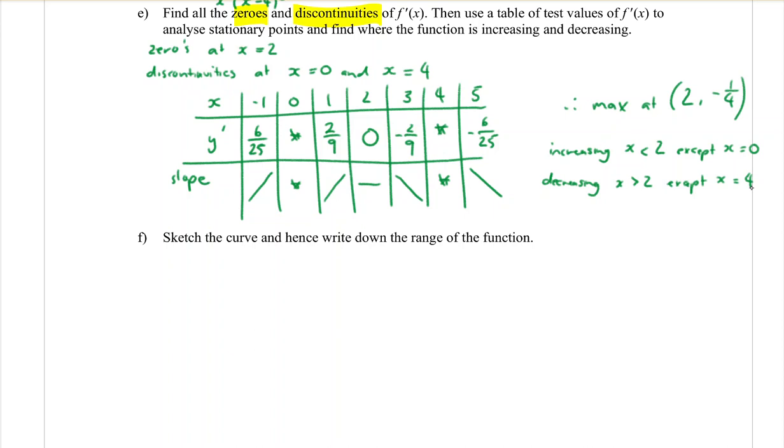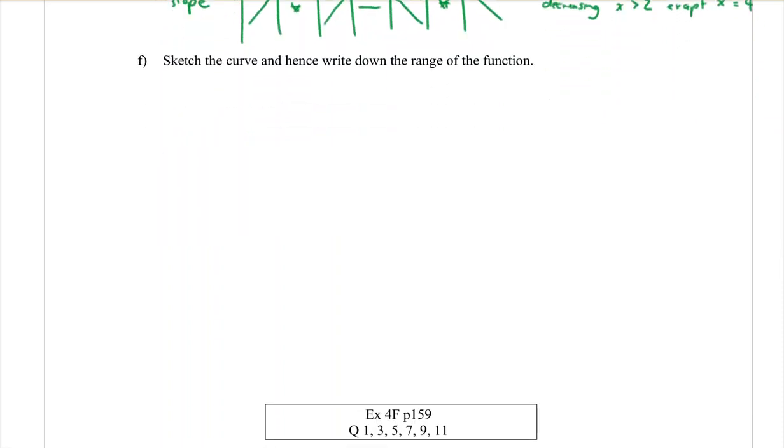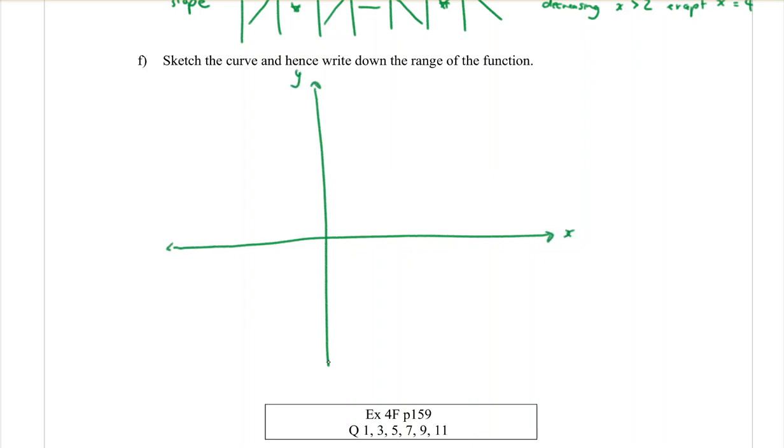Okay, so if we go through all of the things that we've worked out along the process here, we should get a really nice sketch for part F. Sketch the curve and hence write down the domain and the range of the function. So here is my lovely big sketch. Starting with part A, we found the domain that x could not be equal to 0 and x could not be equal to 4.